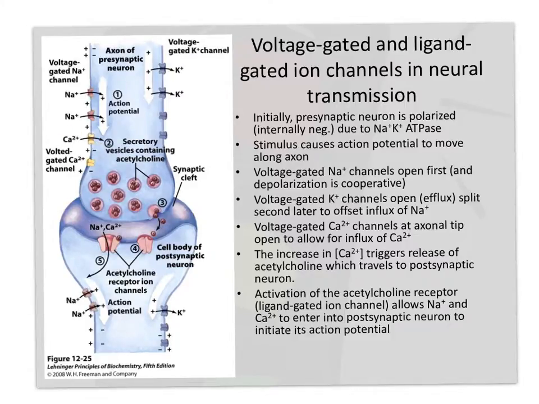What happens here is whenever they get excited, they open up, so calcium now will flood in, and if you get too much calcium in here, it signals for the vesicles that contain acetylcholine to be released. Then the acetylcholine, called a ligand-gated ion channel, because it's a ligand that comes in and binds to its own receptor on the postsynaptic neuron, allows the signal to go from one neuron to the next neuron.